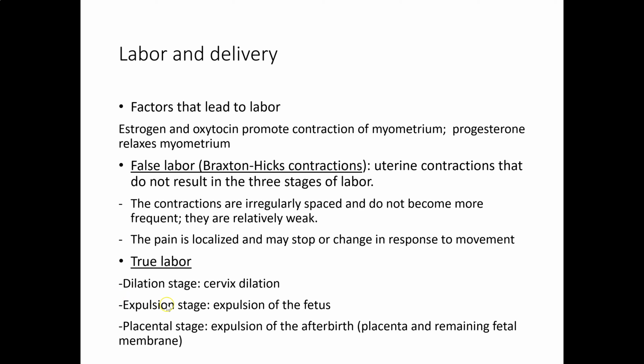The first one is the dilation stage, during which the cervix dilates. We're going to see a diagram of that. The other 2 stages are the expulsion stage and the placenta stage, which correspond to expulsion of the fetus versus expulsion of the afterbirth.